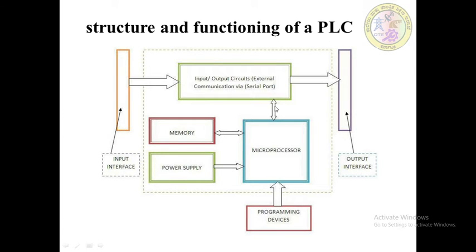For operating, any microprocessor should have its own memory to store programs and any necessary information. So it has memory devices, and mainly we need to supply power to operate this microprocessor for processing programs, and programming devices have to give input to this microprocessor.